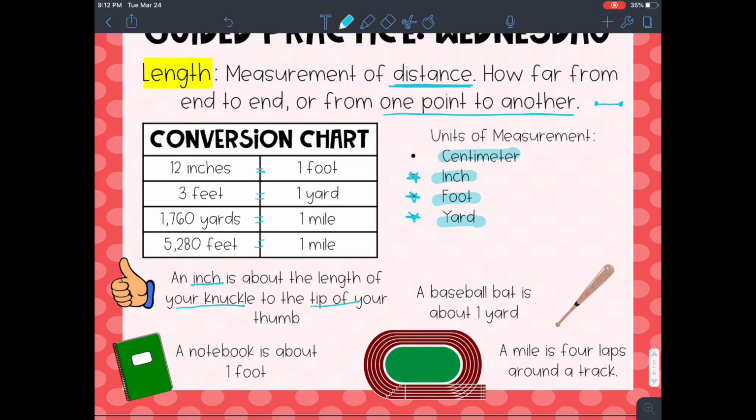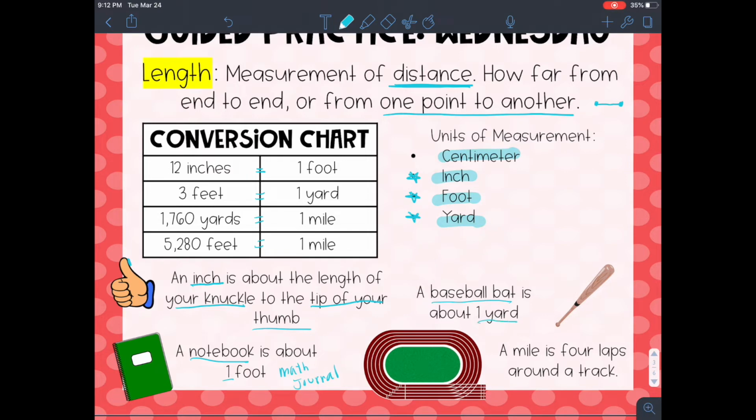To give you an idea, an inch is about the length from your knuckle to the tip of your thumb. So if you hold your thumb up, from your knuckle to the tip of your thumb, that's an inch. Then you have a notebook, and that's about 1 foot. If you have your math journal in front of you, that's about a foot, and it's 12 inches. It's the same thing as a foot.